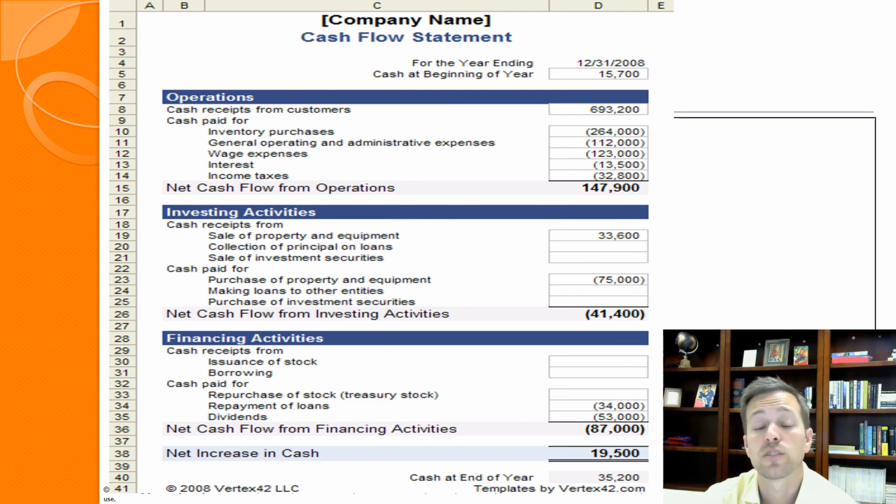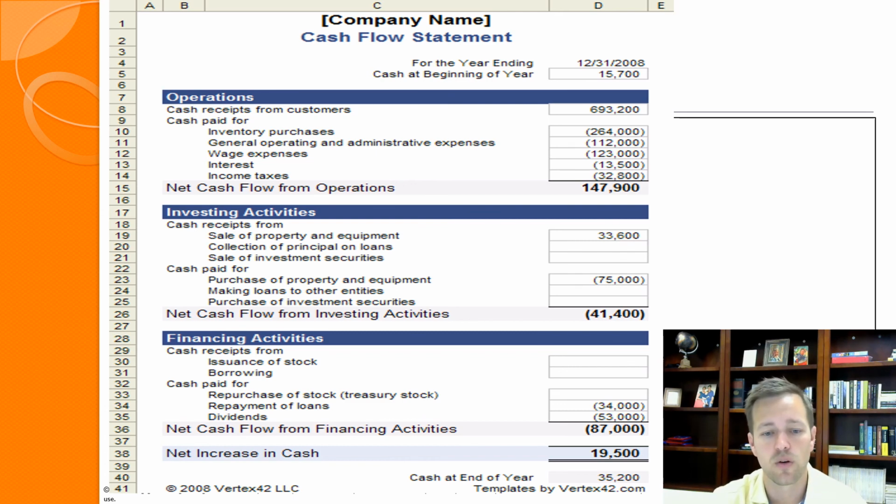Then we've got our next big category, our investing activities. Looks like we sold some property and equipment, so that's $33,600 coming in. And then some cash was paid for some new property and equipment, I guess maybe to take the place of the old. And we have a negative of $41,400 here. And then here's our financing activities.